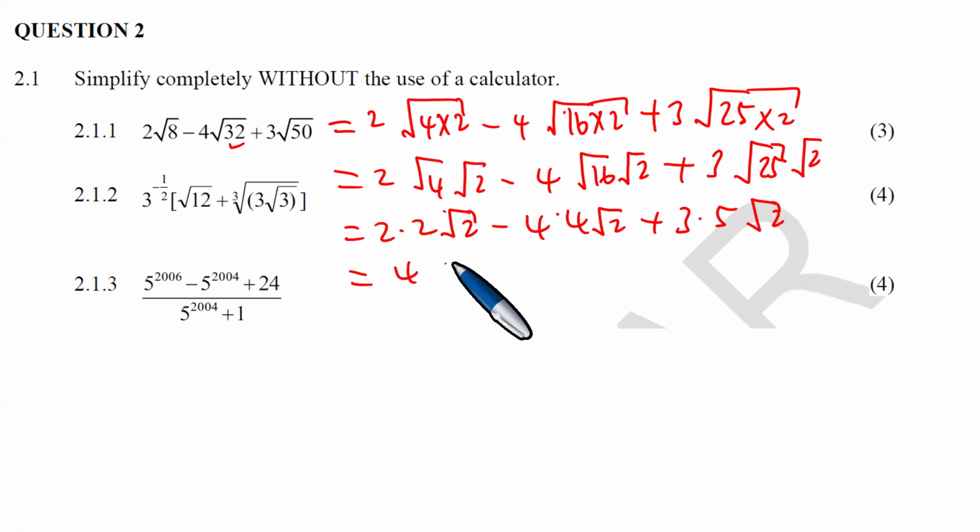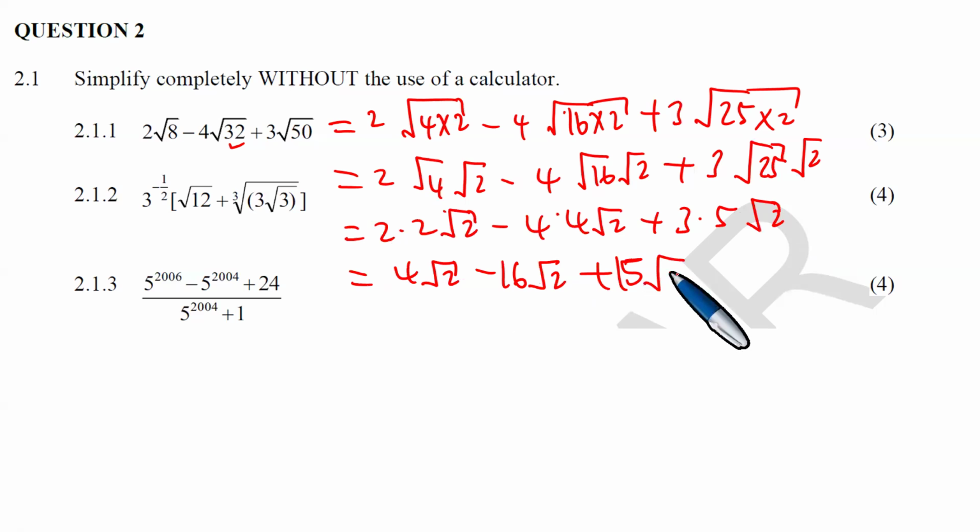2 by 2 is 4 root 2. 4 by 4 is 16 root 2. 3 by 5 is 15 root 2.